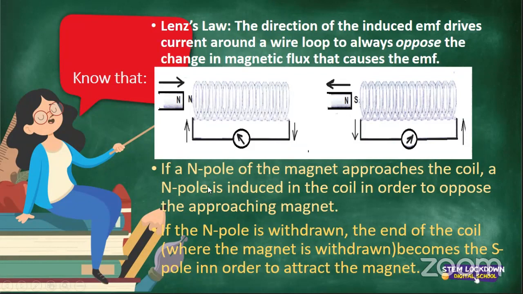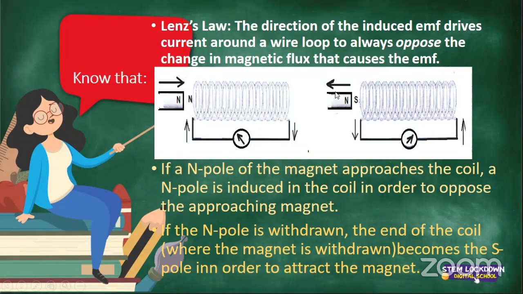That's what it means, meaning that the induced EMF will always oppose the change in magnetic flux that causes the EMF. Now, if the magnet is being removed from the coil, this will be the north pole going away.